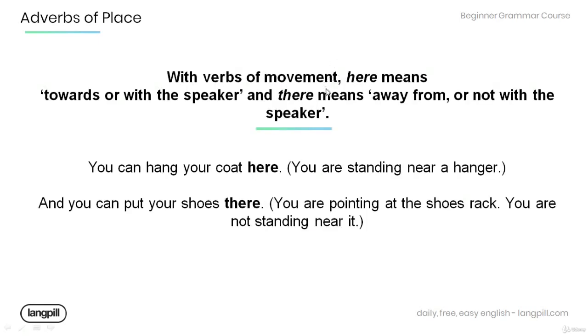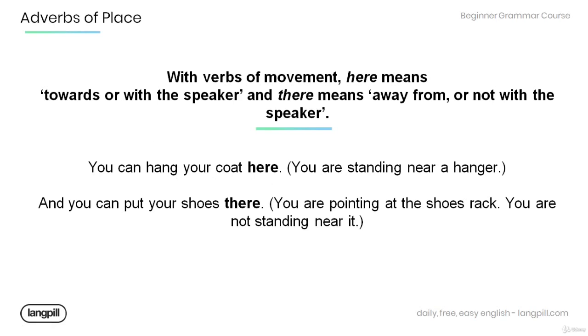And with verbs of movement, here means towards or with the speaker, and there means away from or not with the speaker. Have a look at the examples below. You can hang your coat here.